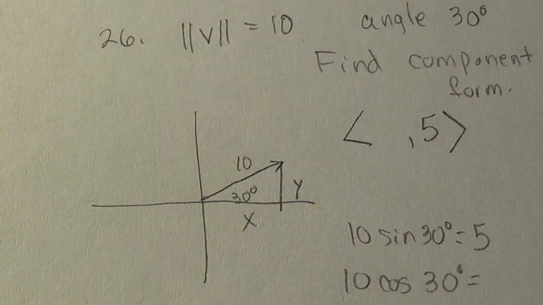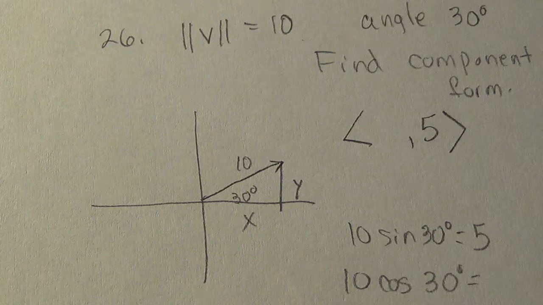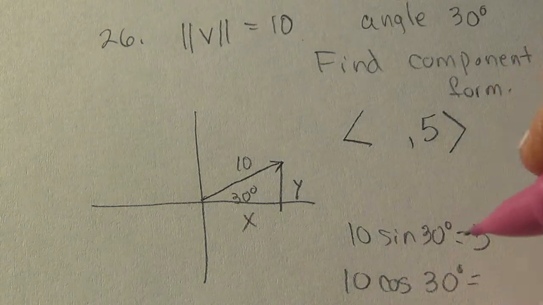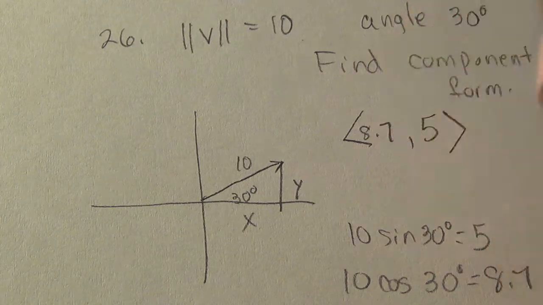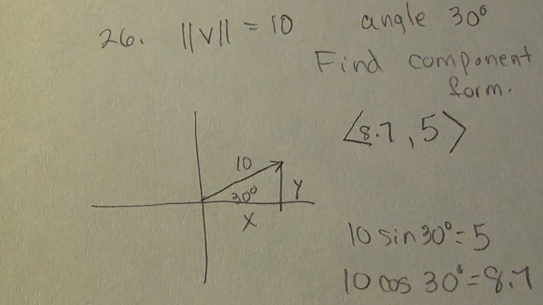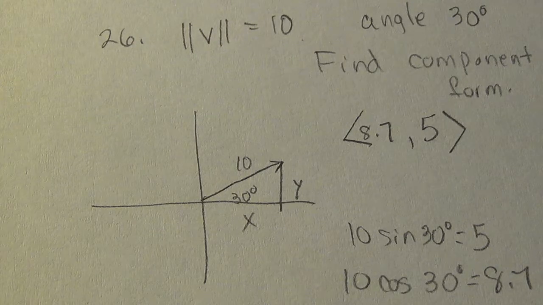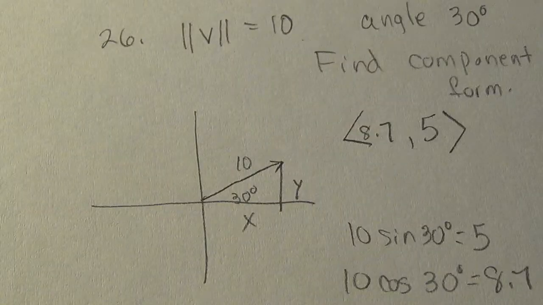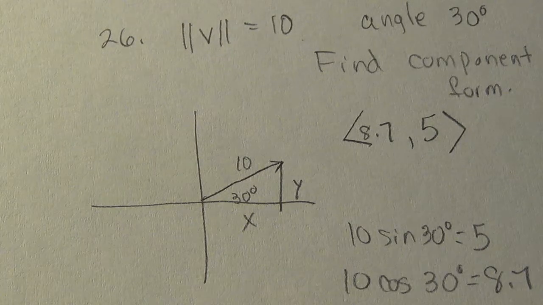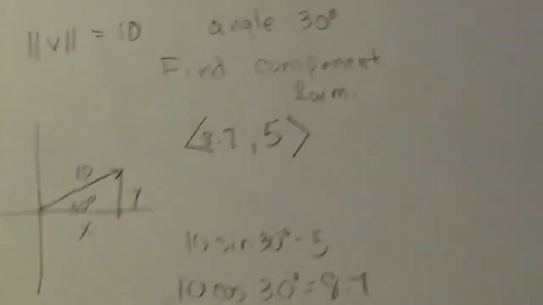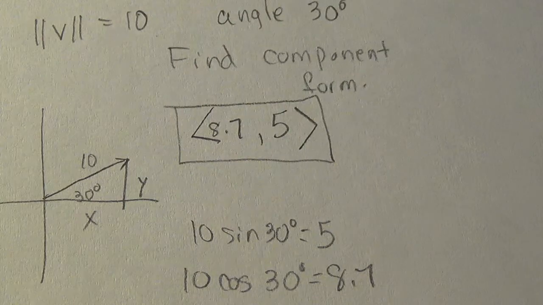So 10 cosine 30, let me get that. 8.7. All right, let me check that. It is correct. All right, so this is the form that I'll be looking for, the pointy box form.